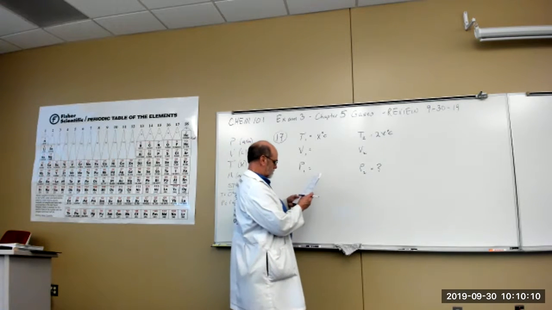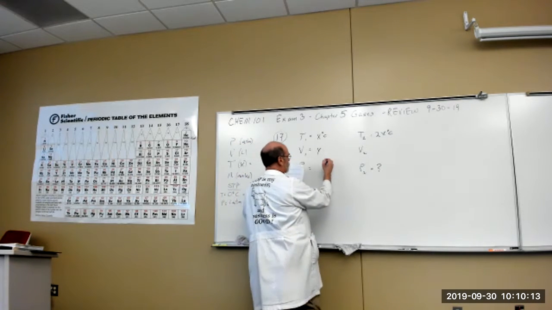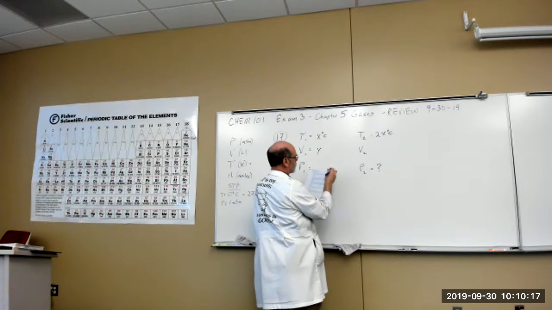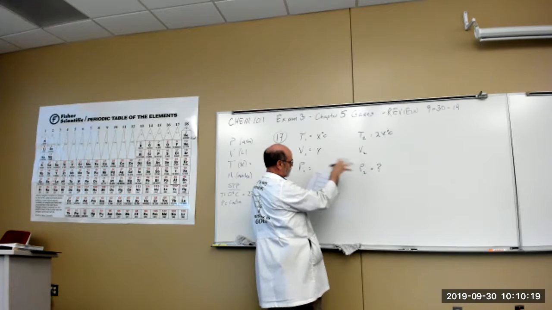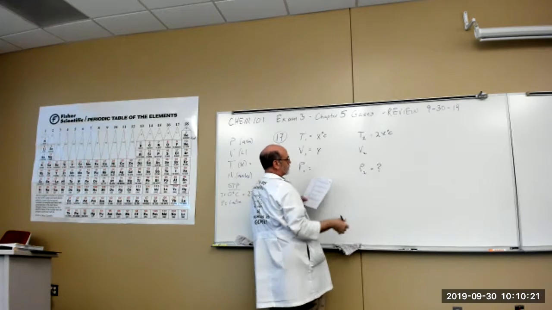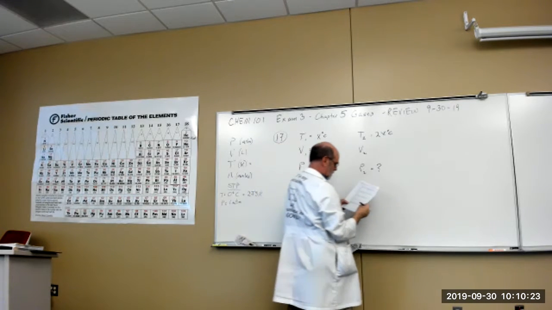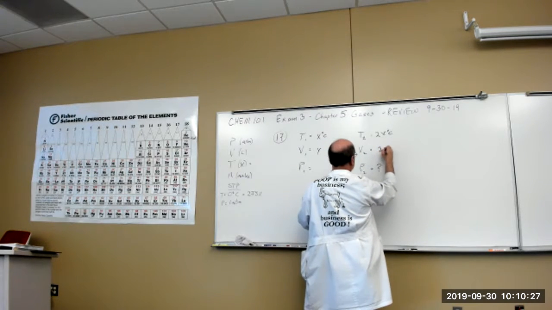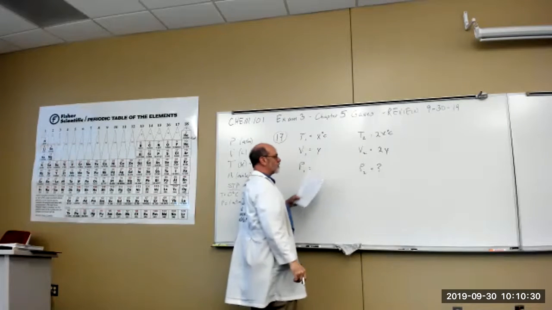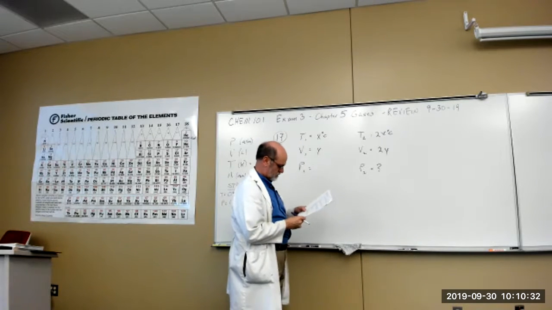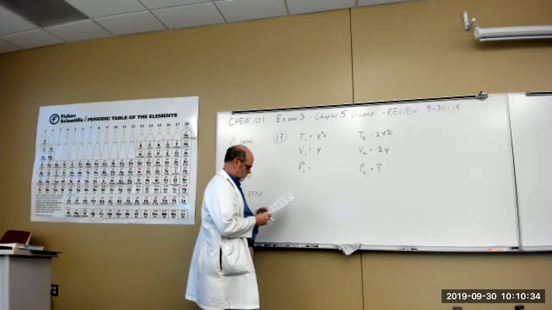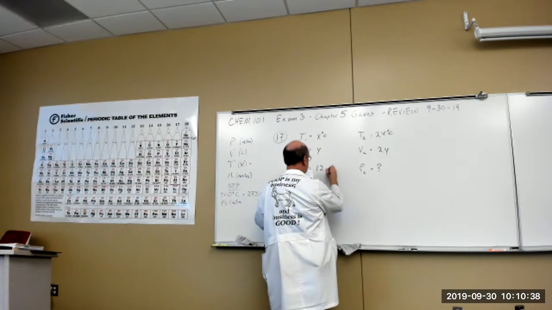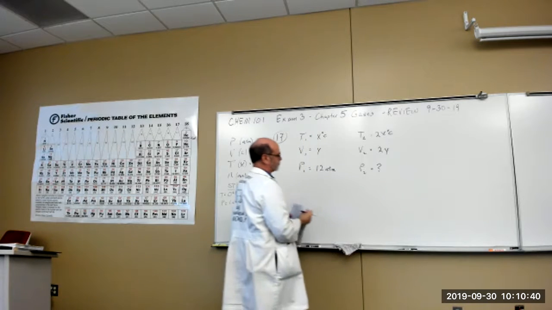The volume is some value. It doesn't matter what the units are because we're going to use a ratio, so they're going to cancel anyway. And twice the volume. So the new volume is twice the original volume. And the original pressure is 12 atmospheres.